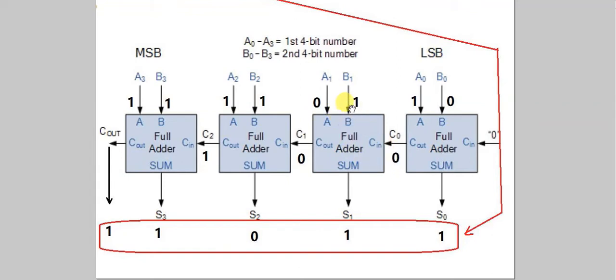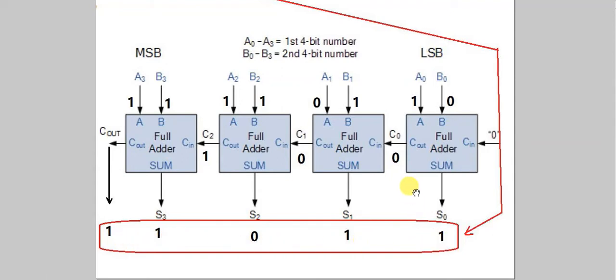Now here we have 1 plus 1 is 10, and 10 plus 1 is 11, so 1 is the sum and 1 is the carry. This makes the number 11011 to the base 2 as the result.